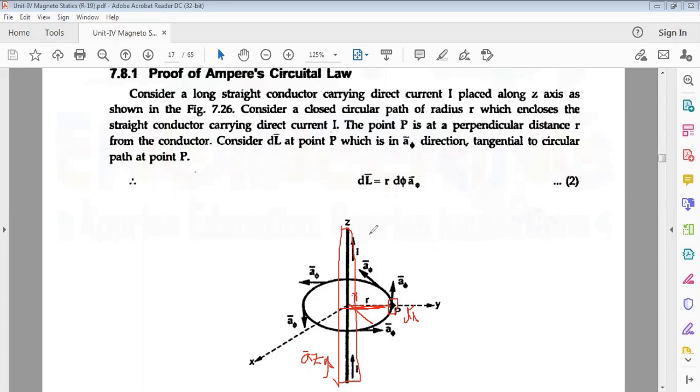Actually X, Y, Z is the rectangular coordinate system, and Z is the same in the cylindrical coordinate system. The A phi direction is tangential to the circular path at the point P, wherever you take it, it is tangential to the circular path.